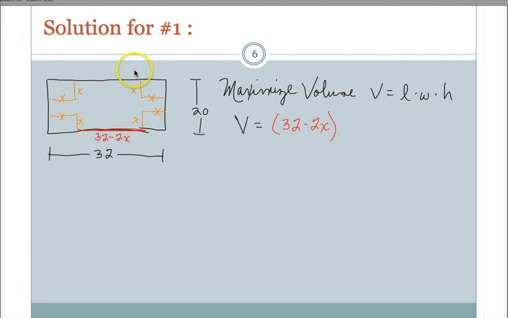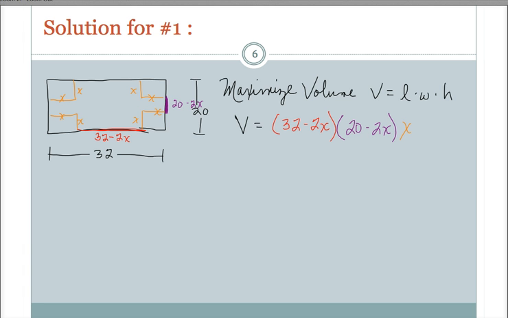Now the width is going to be this little part right here. So that's going to be 20 minus 2x. Now the height, if you can picture it, the height of the box is being dictated by the size of the square that you cut out, which is x. So the height in this case is simply given by x.